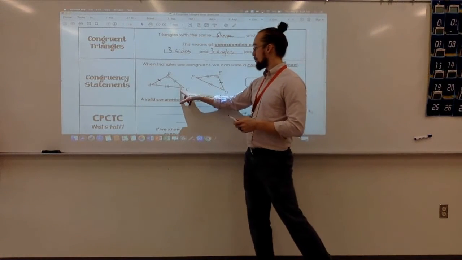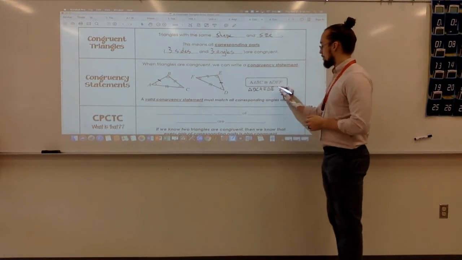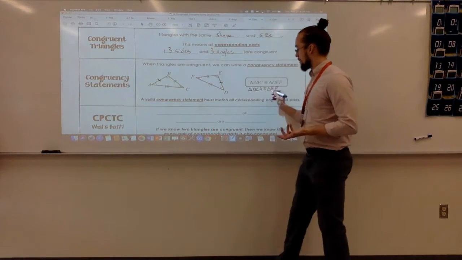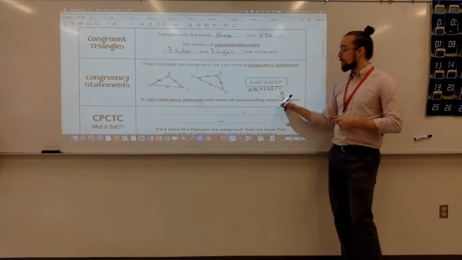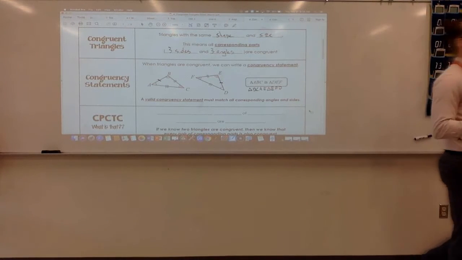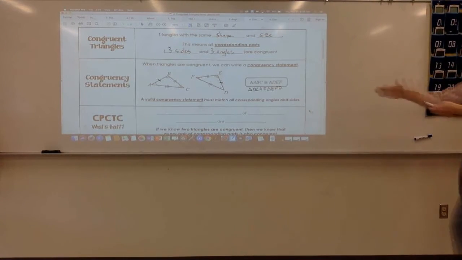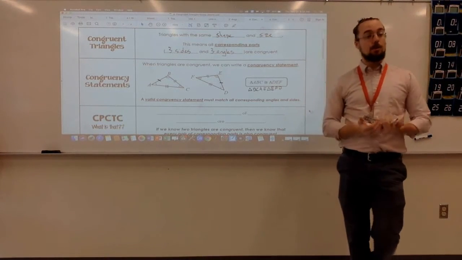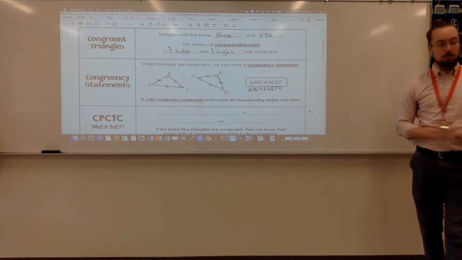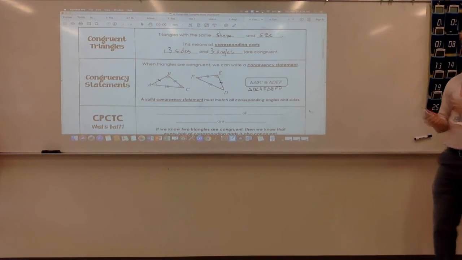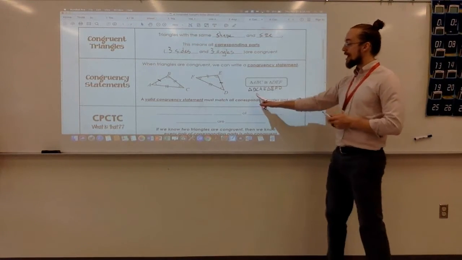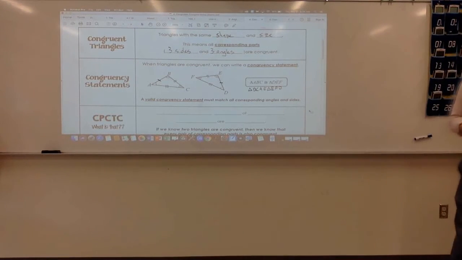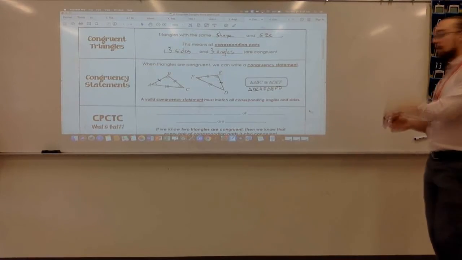Then we said C. Well, C has three arcs. That matches up with F. And A has one arc. That matches up with D. So this would be another example of a correct congruent statement. And we could write more. There's a lot more examples of correct ways to write a congruent statement. We're not going to go through all of them, but there are a lot of correct ways to do it as long as we're matching up the congruent corresponding pieces.